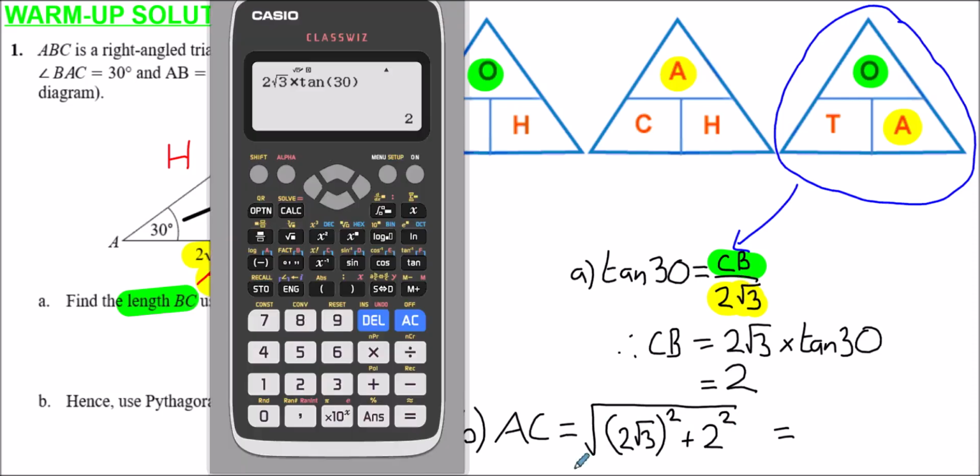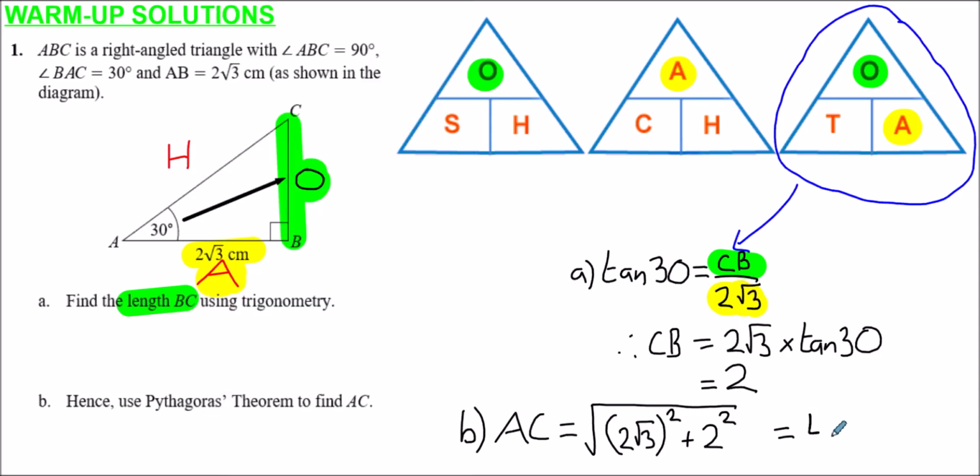So again, use the calculator to calculate this. We're going to have 2 root 3, all of that squared, plus 2 squared, which is obviously 4. You could just put 4 in if you'd prefer. And that gives us a length of exactly 4. And so that's question 1 sorted. So we can now move on to question 2.